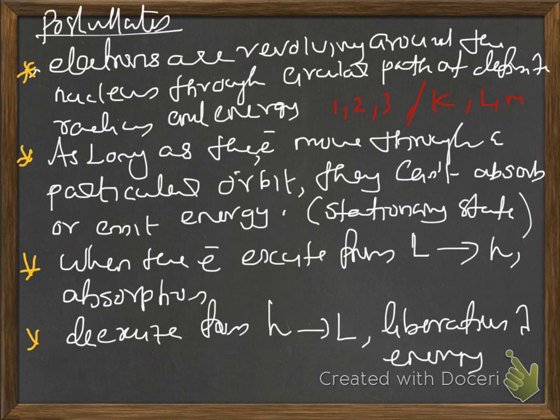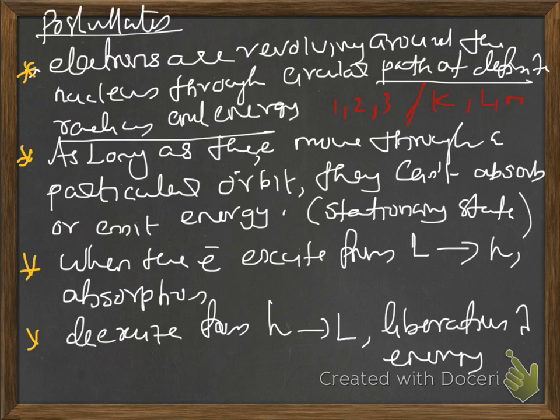But after it was introduced by Rutherford, based on the electromagnetic wave theory, the electron will move from a circular path to a spiral path and finally reach the nucleus, which leads to the collapse of the atom. So, to rectify that problem, the sentence has been modified like this.